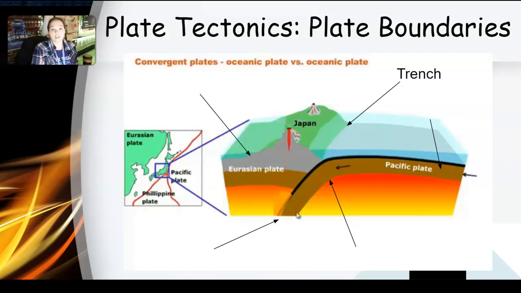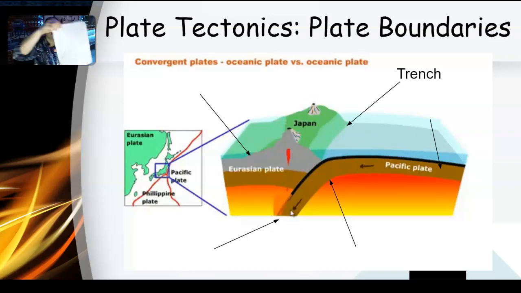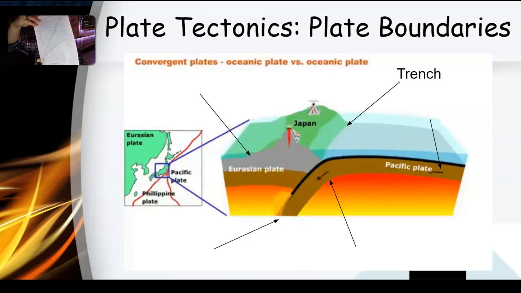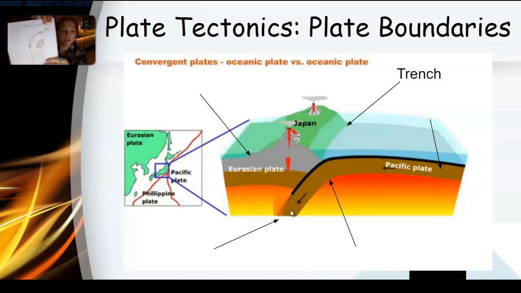That is called a trench, and it is formed only with convergent plate boundaries, where they converge, they come together. You have one plate boundary that is light, and you will see that the density, a bonus from one of our quizzes, the density of granite is 2.7, and that's the continental crust.